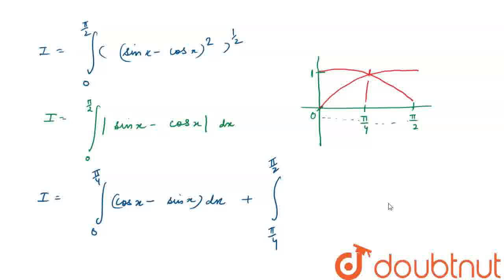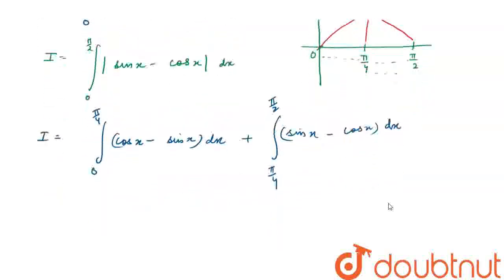Here we know from pi by 4 to pi by 2, sin x is greater than cos x, so here we will write sin x minus cos x dx. Okay, so let's move forward.